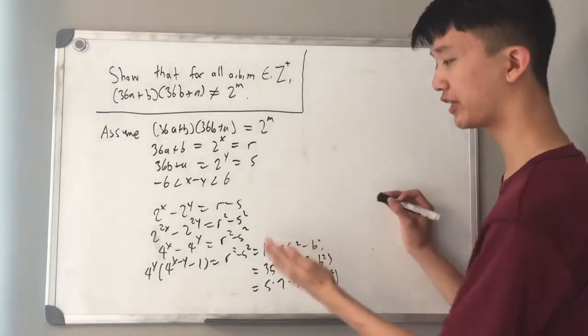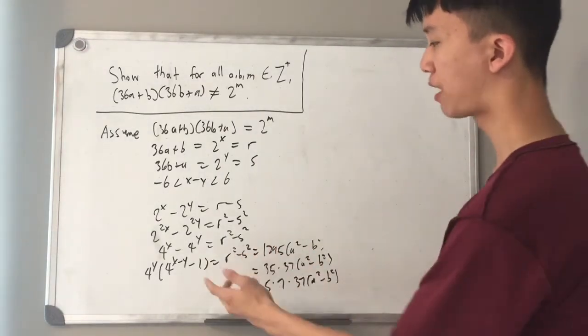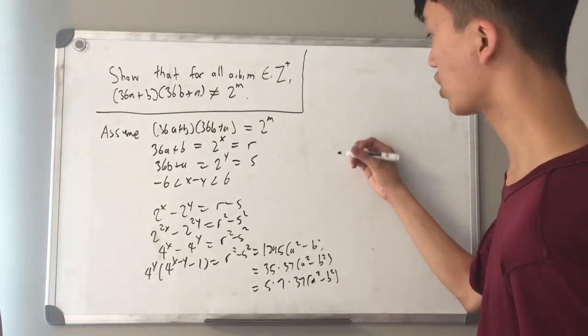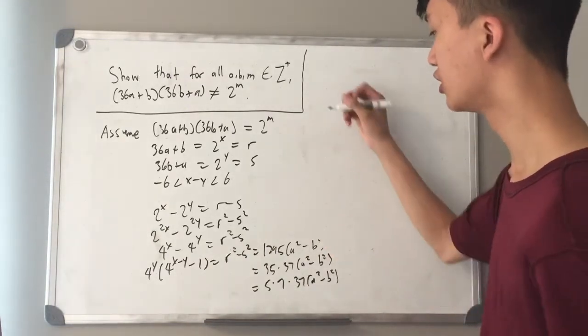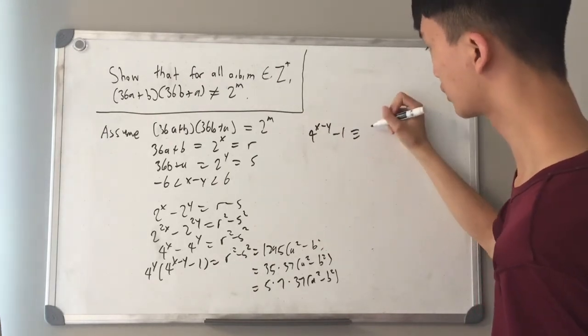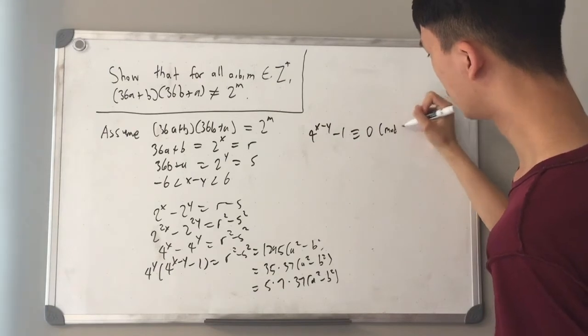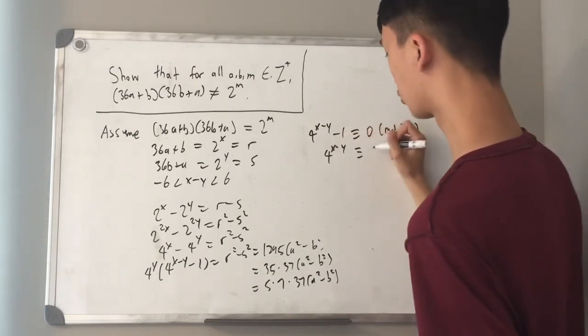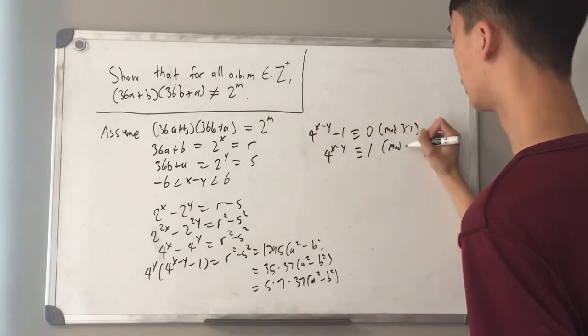And so the important thing here is to notice that 4 to the power of x minus y, minus 1 must contain a factor of 37. And so therefore, taking modulo 37 on both sides, we get that 4 to the power of x minus y, minus 1 is congruent to 0 mod 37. And so 4 to the power of x minus y is congruent to 1 mod 37.